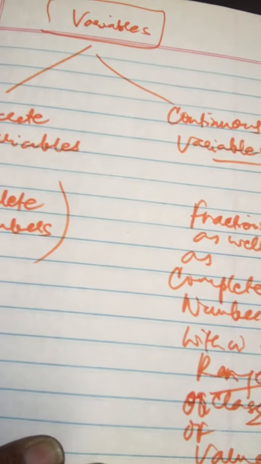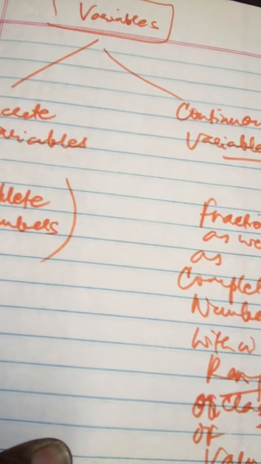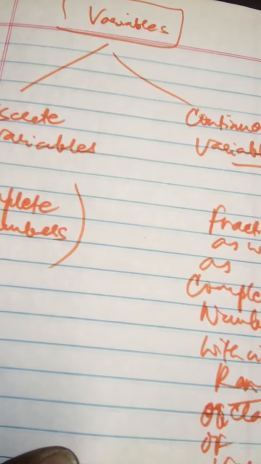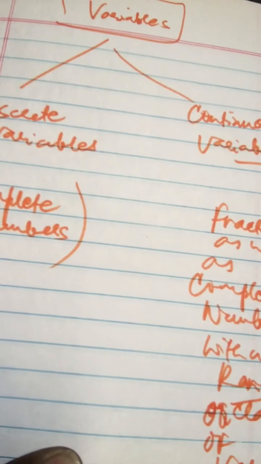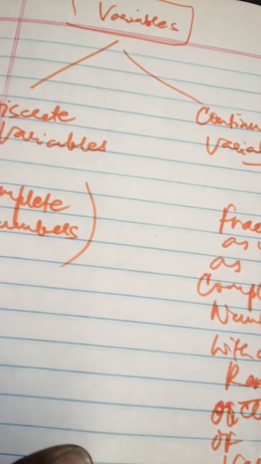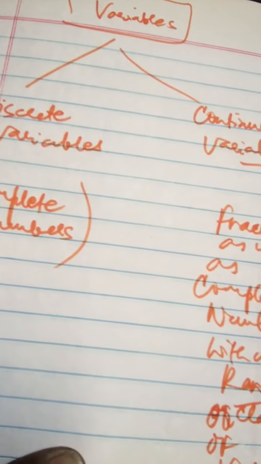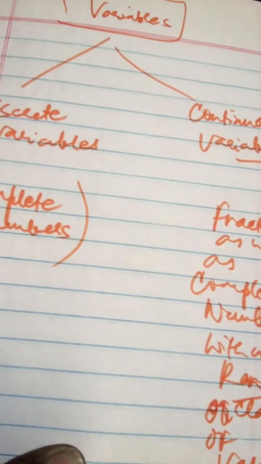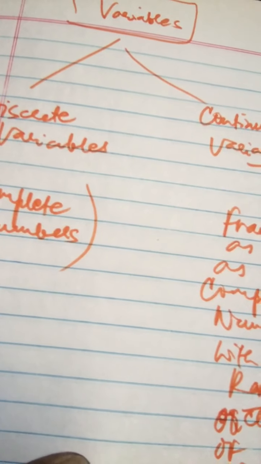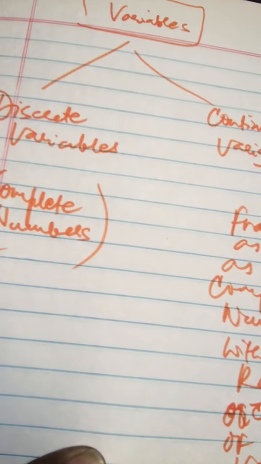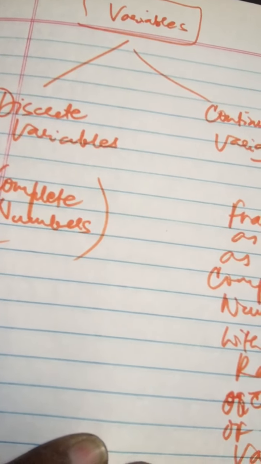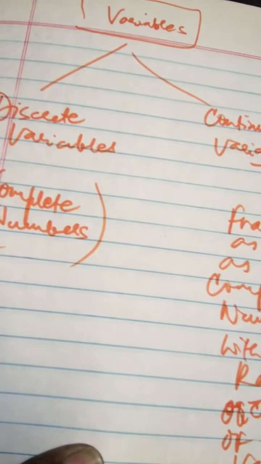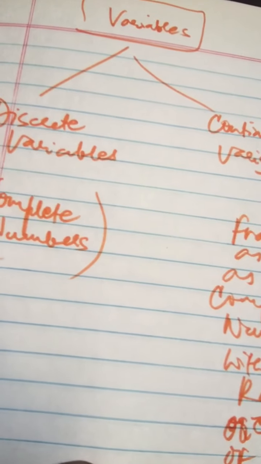So just remember, they change in complete numbers. So what is a continuous variable? They are complete numbers as well as fractions. They can be expressed as fractions. Variables that assume a range of values or increase not in jumps, from one to the other, but continuously or in fractions are called continuous variables.